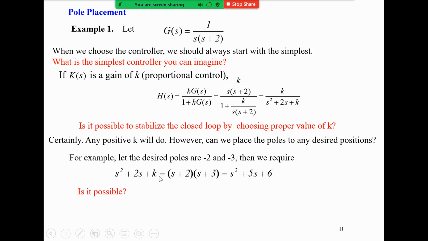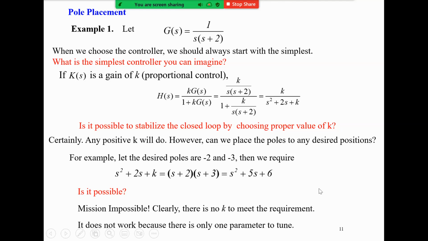Is it possible to design the K to make this happen? No matter what you do with K, this coefficient in the middle cannot match this coefficient, right? So it's an impossible job. Clearly, we cannot find a controller to meet this goal.